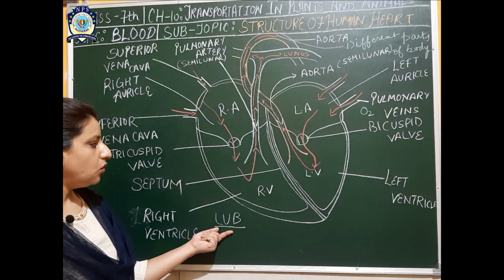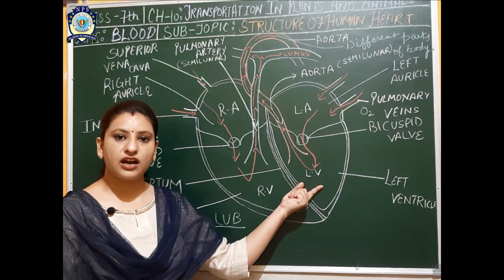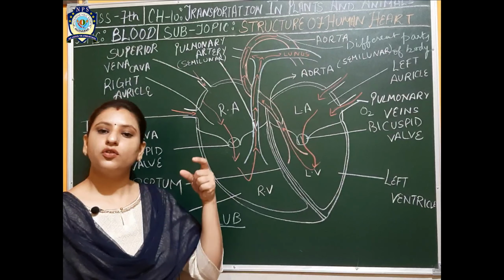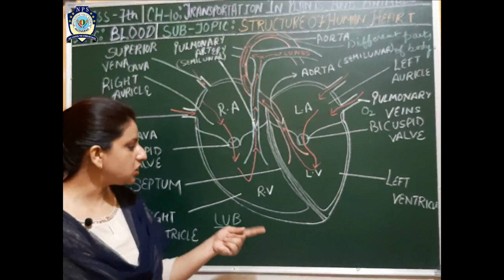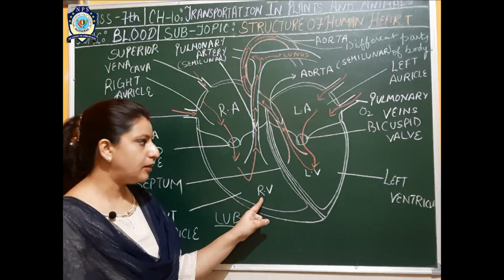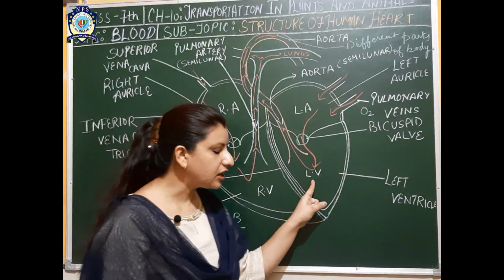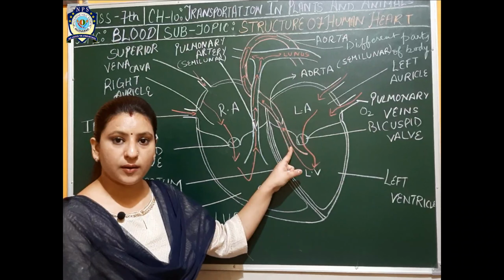Okay, now the right ventricle and the left ventricle both have high pressure of the blood. Now they want to release their pressure, and as they want to release their pressure, the right ventricle will pass its blood to the pulmonary artery, and the left ventricle will pass its blood to the aorta.